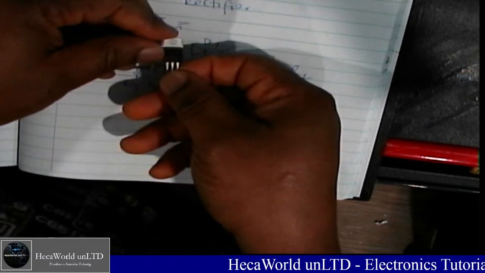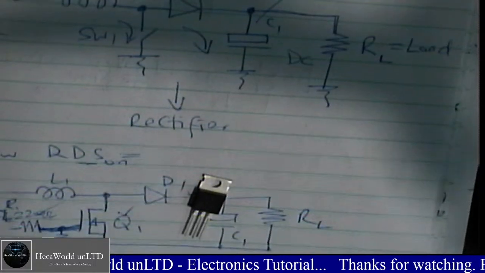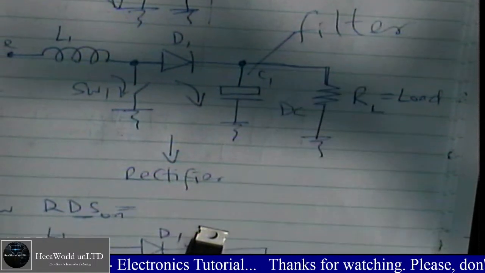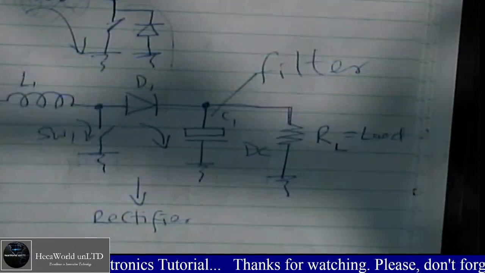The first thing I'm going to do is to secure my MOSFET. Let's go closer. We'll need to adjust the camera a little bit. Okay, how do we do this?